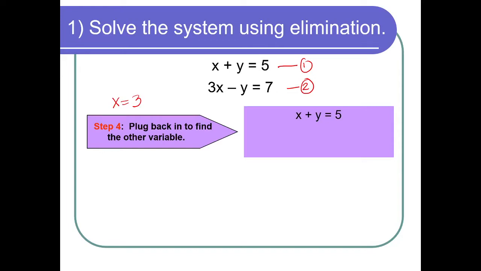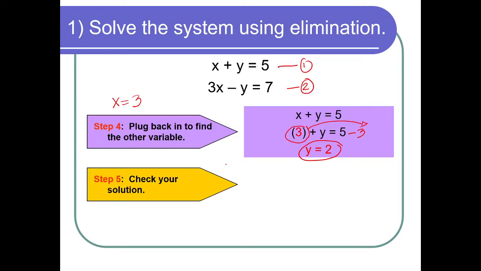If I'm gonna substitute 3 there, that becomes 3 plus y equals 5. Then transposing 3 to the other side, that becomes minus 3. So y is equal to 2. Therefore, what's our solution set here? The solution set is 3, 2. Okay, the solution set is 3 and 2.